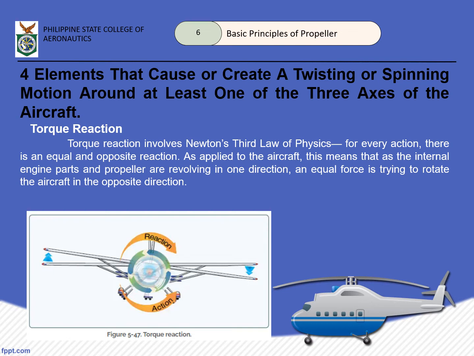So, we can say that with more power, more reaction. So, torque reactions are strongest where? Of course, at high power settings. So, torque reaction is more powerful at, again, high power settings, low airspeed, and high angles of attack.